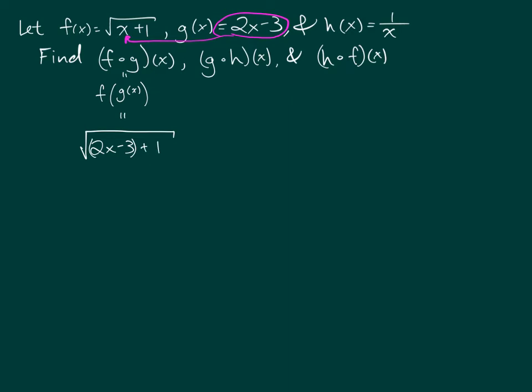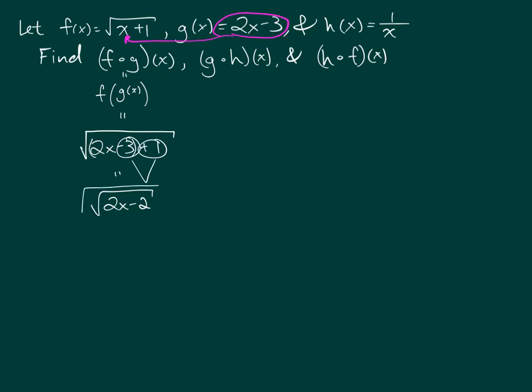Now that can be simplified, so you will want to simplify that. And that looks like square root of 2x minus 2, right? The minus 3 plus 1 combine into a minus 2.